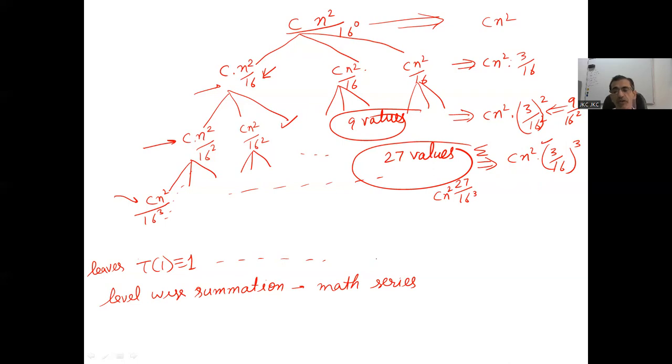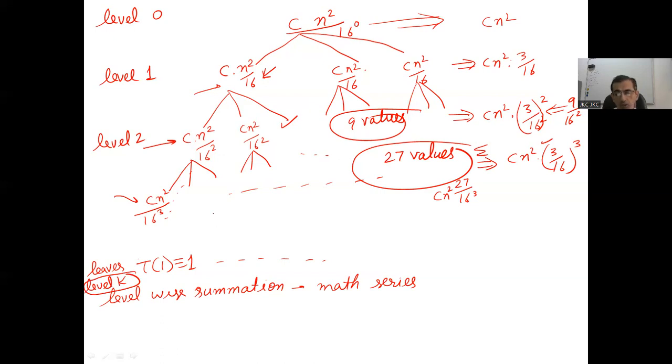And then there are going to be some levels. Now the question is, if I assume this is level 0, then this level I call level 1, level 2, and some level k will come when recursion will stop.